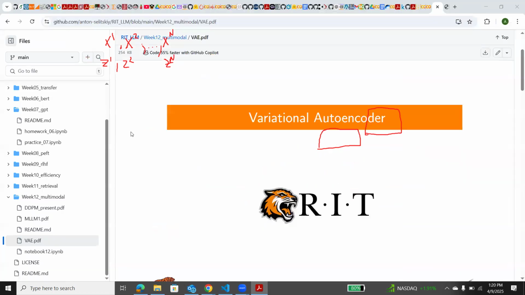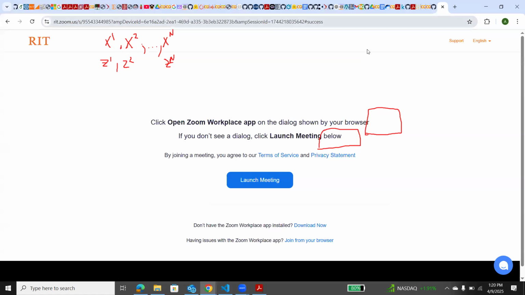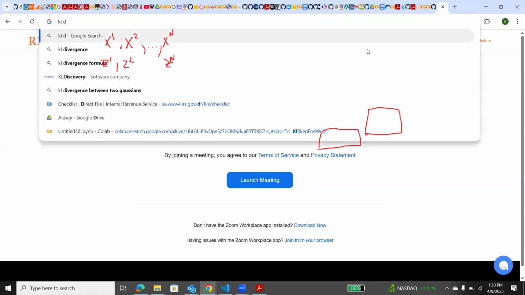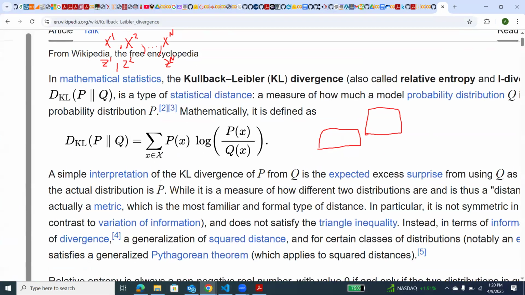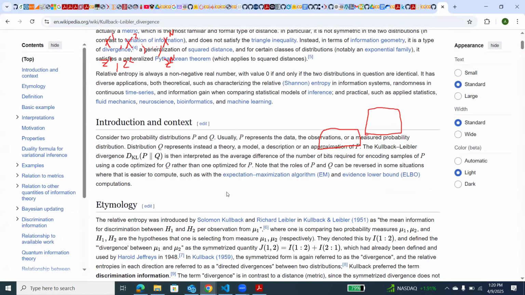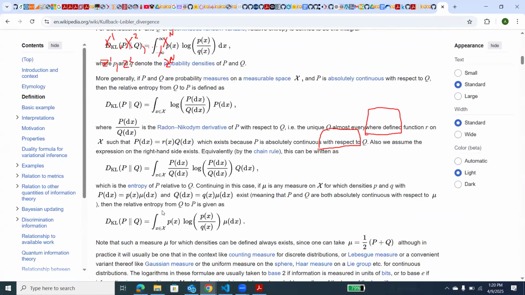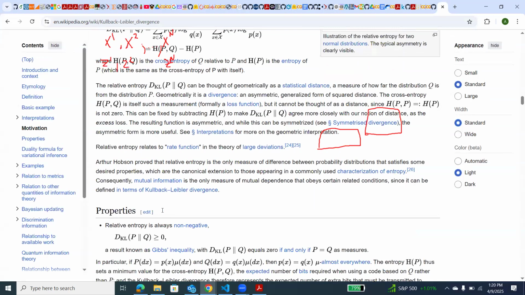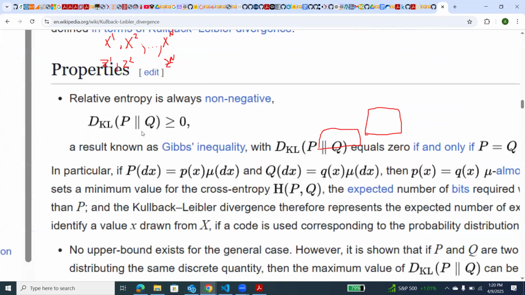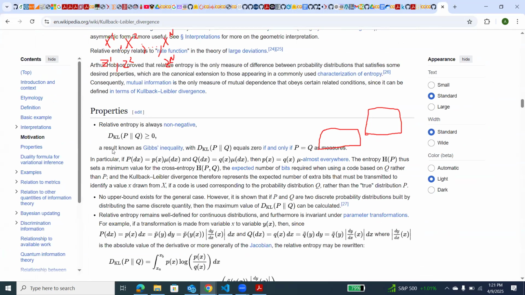As you remember, the definition of KL divergence is as follows: the probability times log of probability over the probability of the second distribution. And we will need only one property of this KL divergence, that it's non-negative. You can look at the proof of this property on Wikipedia.